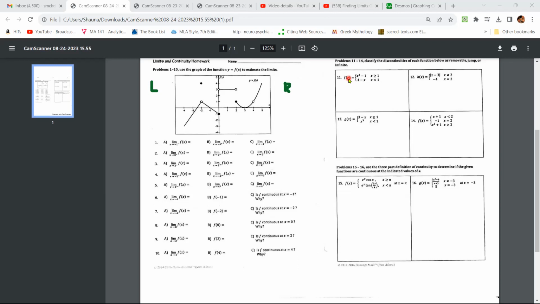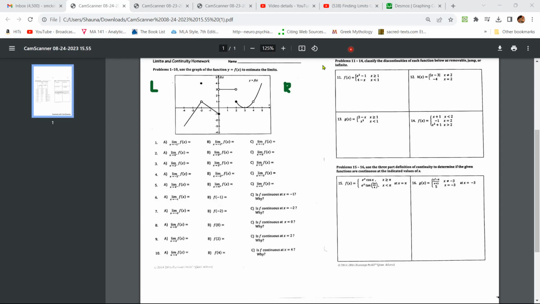So what you can do, and I'm going to do this on Desmos just because the screen is larger, is write the problem first. F of x is equal to x squared minus 1 if x is greater than or equal to 1, and it's equal to 4 minus x if x is less than 1.